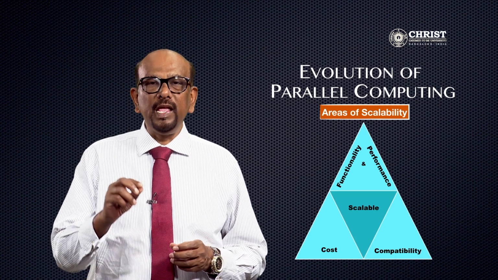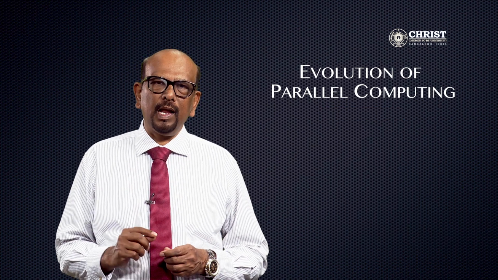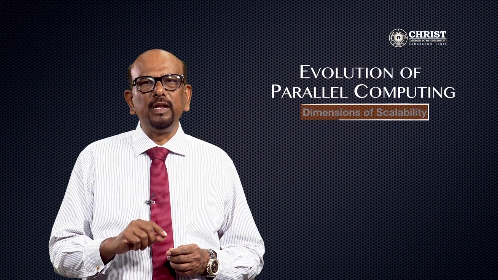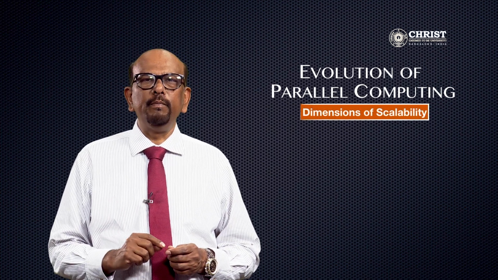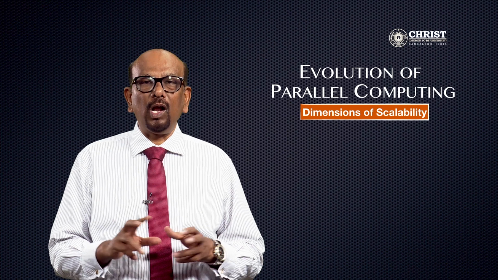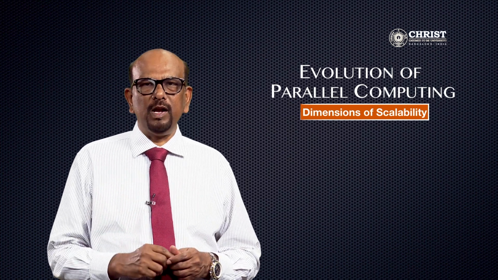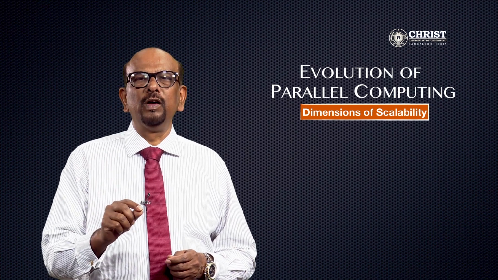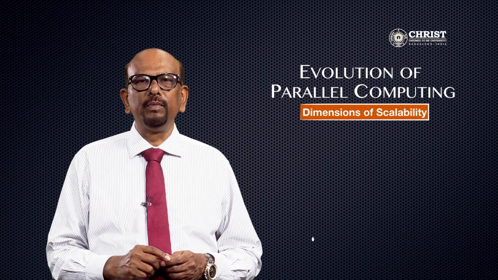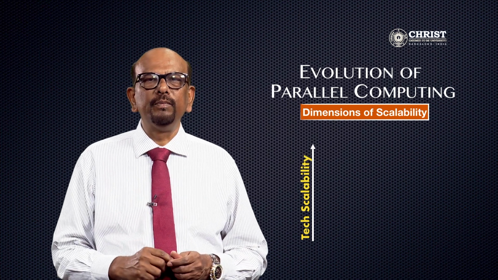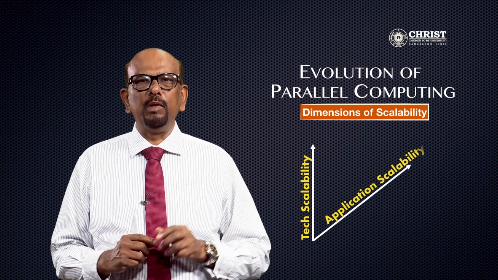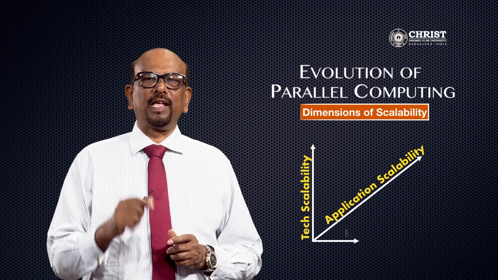We have seen 3 areas of scalability. Now, we are going to see the 3 dimensions in which we can make the system scalable in all the 3 areas mentioned above. The 3 dimensions of scalability are technical scalability, application scalability, and resource scalability.